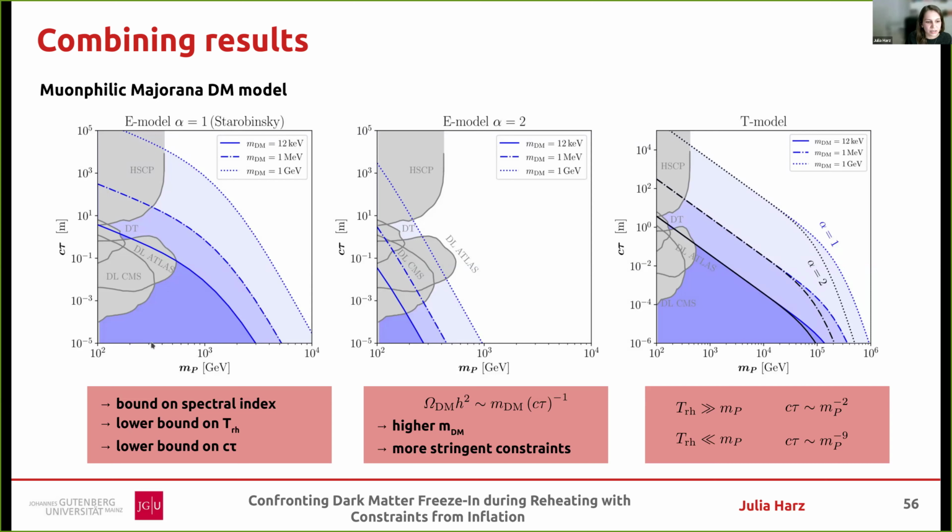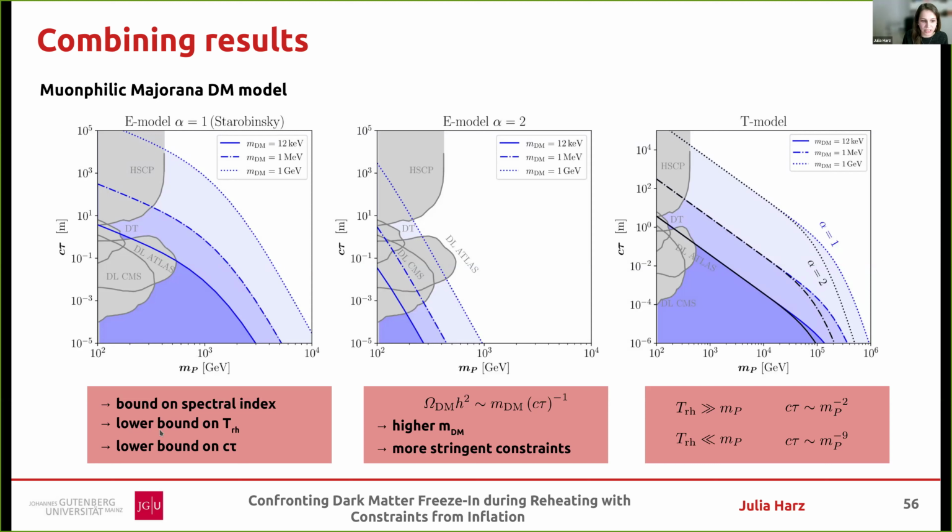You see again the parent particle mass and the decay length. In gray are again the collider searches. And here the blue shaded regions are the exclusion limits coming from inflation constraints, depending on the dark matter mass. So here the lowest for the Lyman alpha constraint, or then higher.